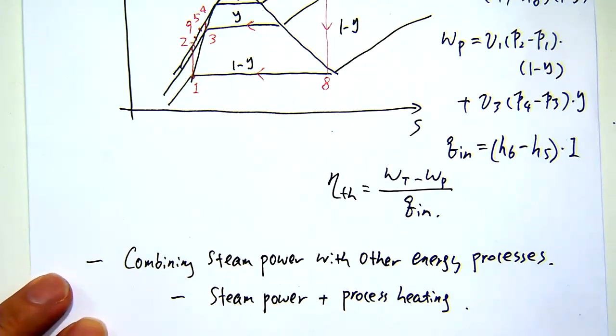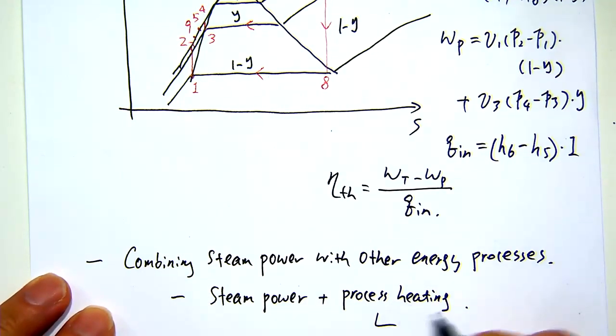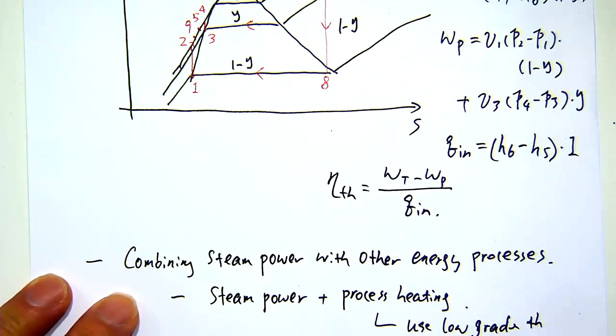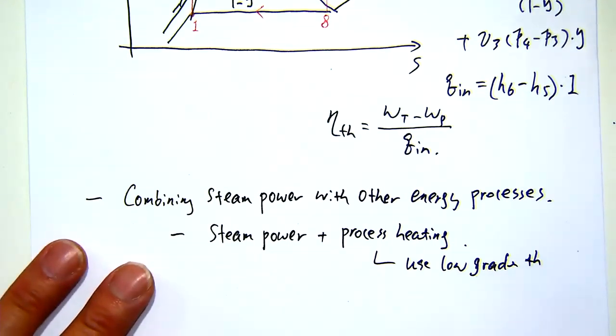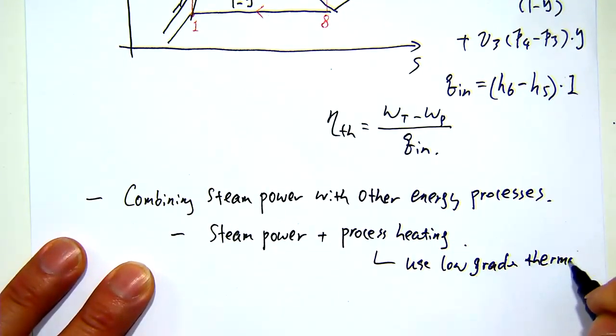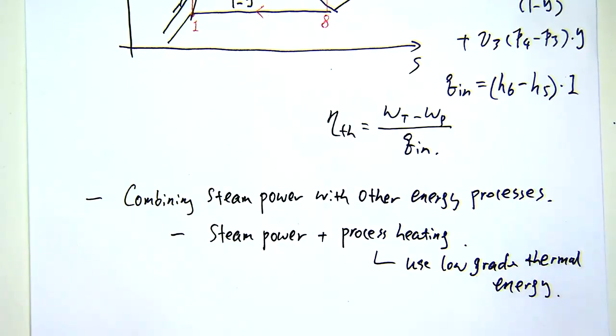So this one is considered the process heating, which uses low-grade thermal energy. It's not like a turbine, which has a huge amount of mass and needs high pressure and high temperature as an inlet to drive the process. There are certain processes that don't require this high quality thermal energy.